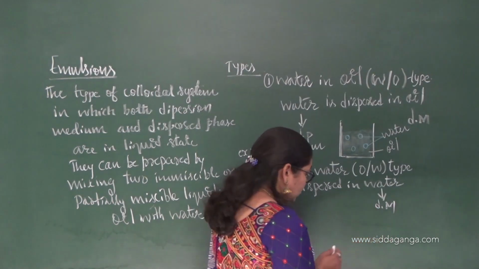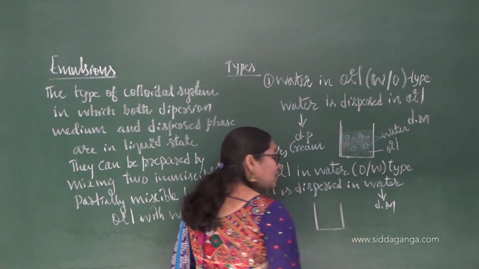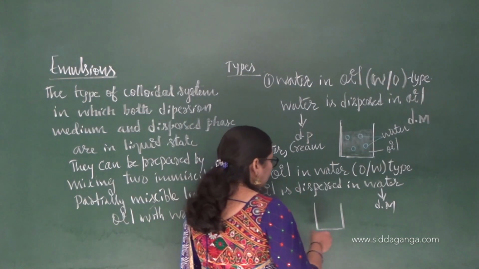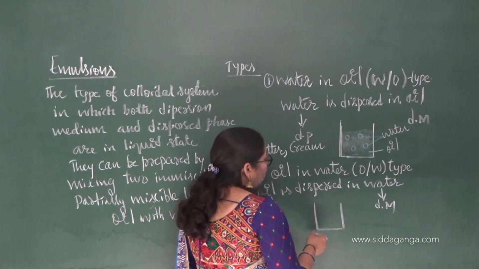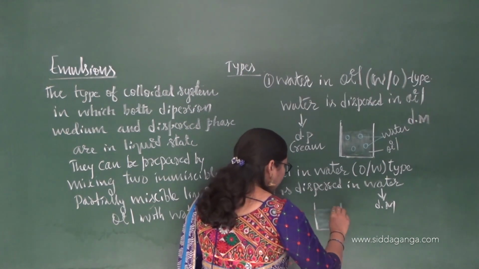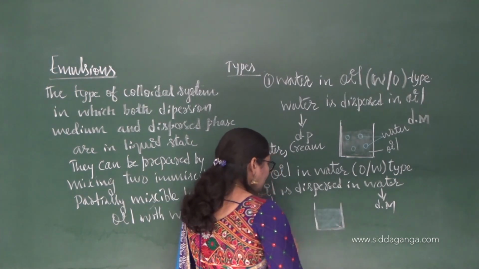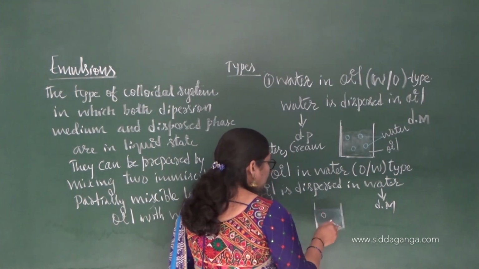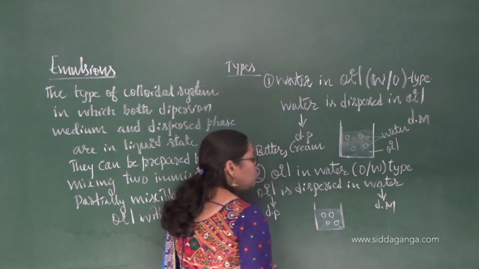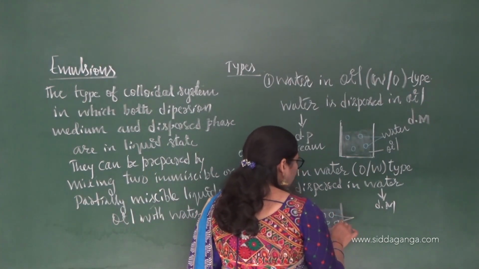Then how can you represent this one? Say there is some container, and into that container, oil in water. The water should be in the larger amount, which I am representing with the help of blue color. In that you can see the presence of oil droplets.